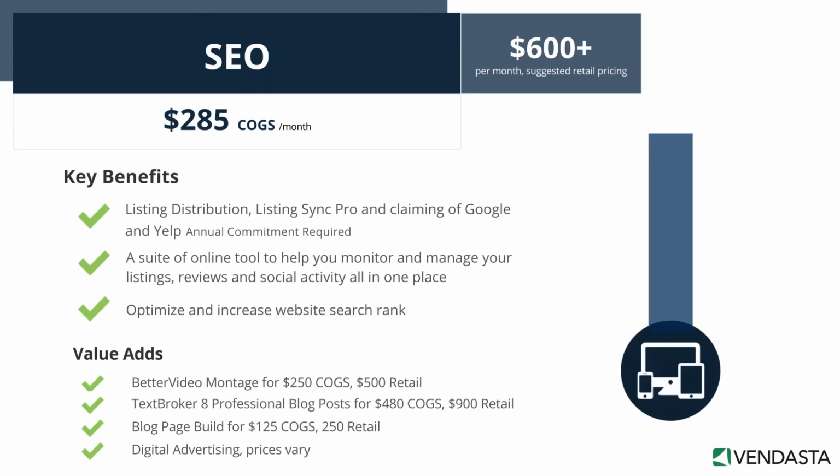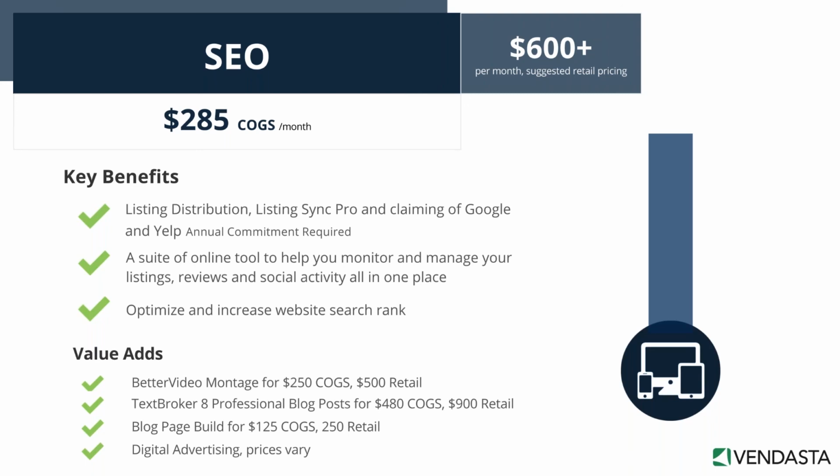Then we get into, so this one we didn't show in the marketing stack, but it really is another great area that you can offer services, which is SEO, or search engine optimization. We do have that really great SEO product where you can optimize and increase the website search rank. We have that in both the 5 keyword and the 10 keyword.